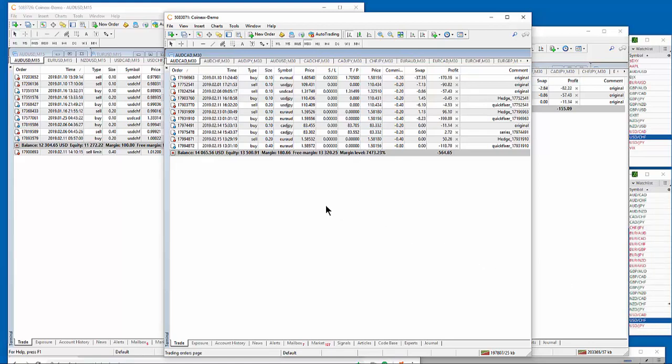Now, the other thing too is, I didn't really know what she was doing with this account until about 2 or 3 weeks in. So had I known initially that she was going to set this up on all 28 pairs, I probably would have asked her not to. I probably would have said, no, for right now, let's just test it on the same pairs that I'm trading on.